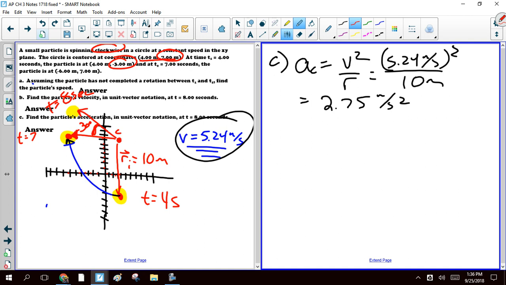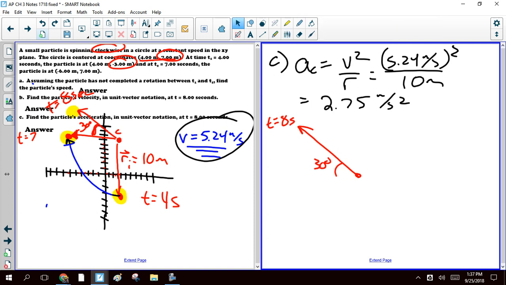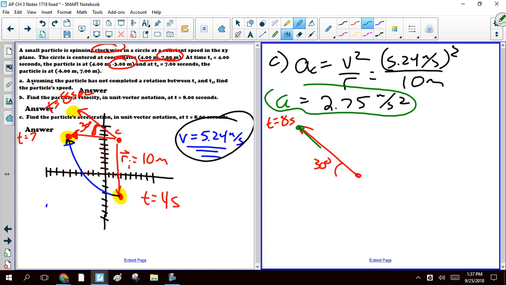So remember, we had decided that at t equals 8 seconds, this was 30 degrees, right? And so our acceleration vector should point in the opposite direction, right? So here's my 2.75. This is 30 degrees. Here's my acceleration horizontally. Here's my acceleration vertically. So again, do your trig and figure out your components, all right?